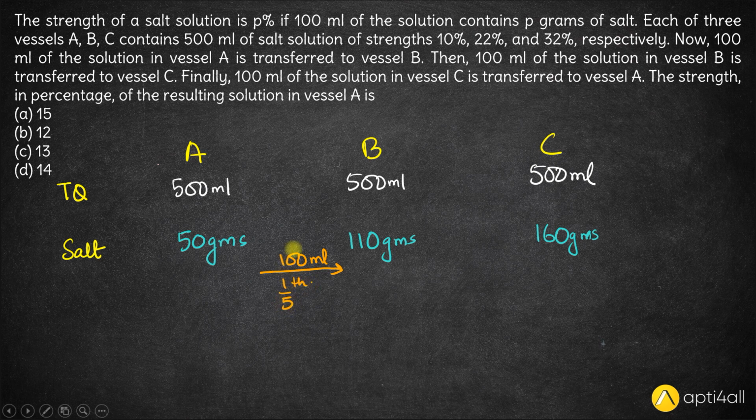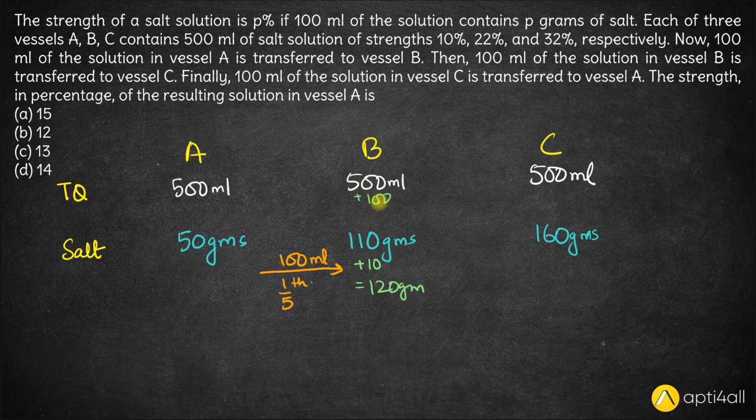So if 1/5 of the solution is transferred, the quantity of salt that will get transferred will also be 1/5. So 1/5 of 50 grams is 10 grams. So 10 grams of salt will be transferred here. So here we'll have 110 plus 10, total 120 grams of salt.